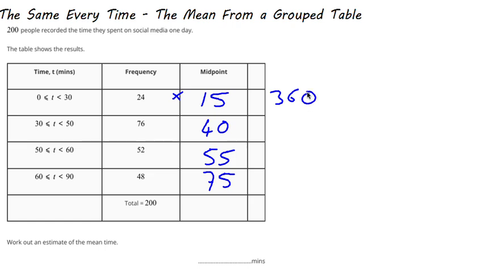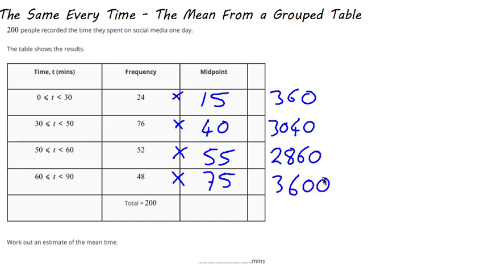Well, that's 360. 76 times 40, 3,040. 52 times 55, 2,860. 48 times 75, 3,600. And what I need to do next is add together the total of my frequency times the midpoint.